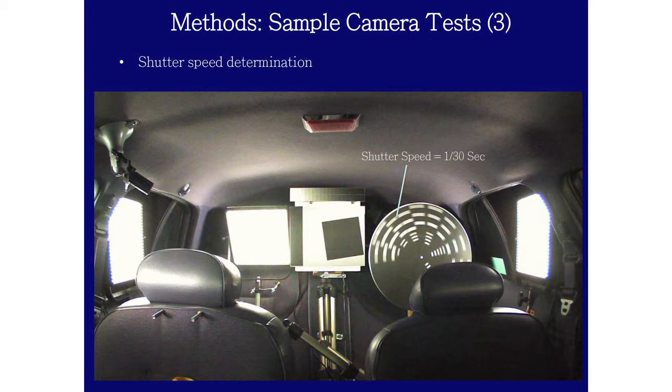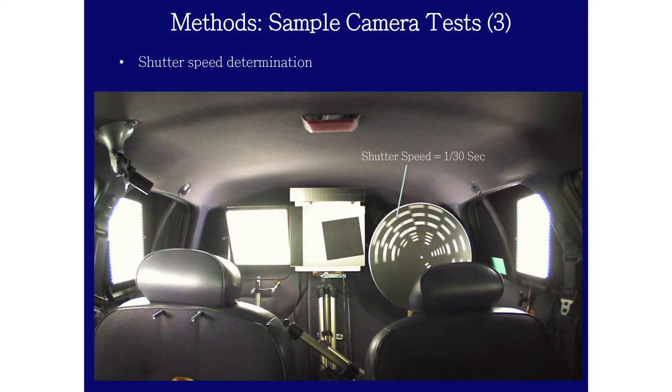There's a rotating chart. We designed this rotating chart with 6 blocks, 1, 2, 3, 4, 5, 6. And every block represents 1 shutter speed. When this rotating board is still, what you see is a bunch of small dots. When you rotate, you see the arc curves here. If the sample camera shutter speed is faster, you see the gap here.